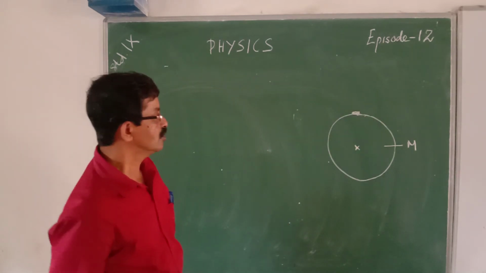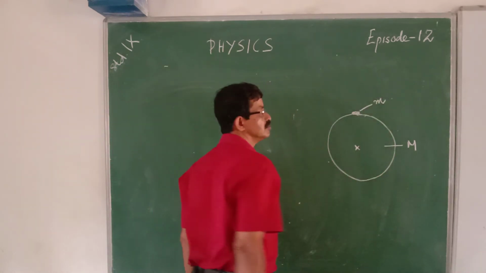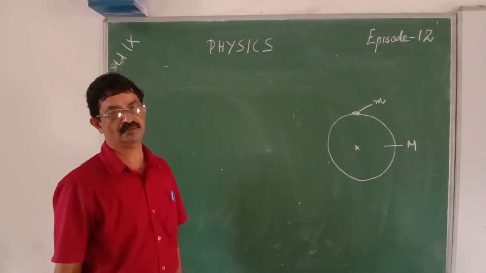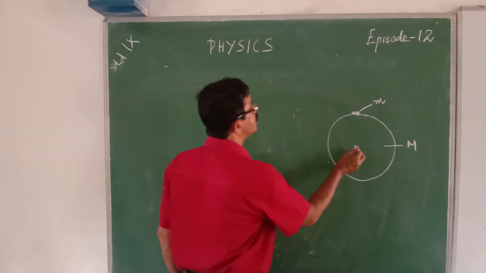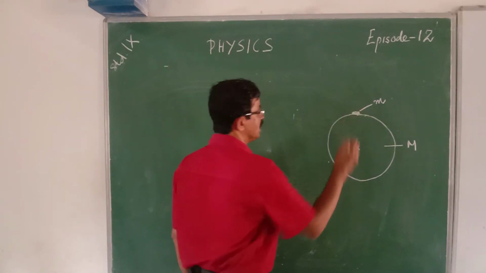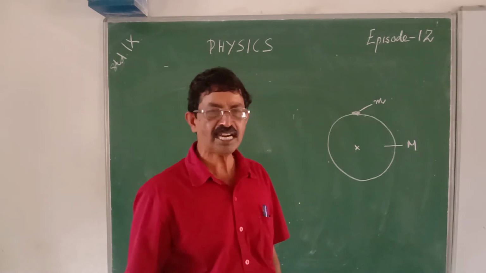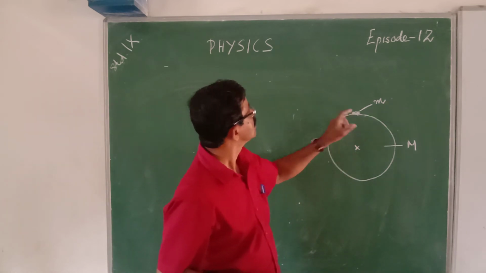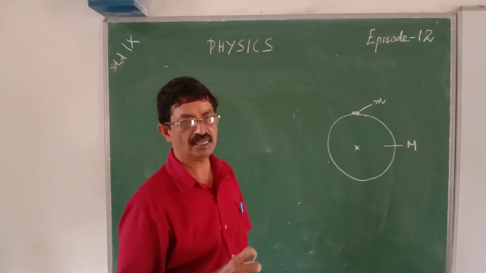Now, mass of this body is small. Mass of this body is a small m. Now the distance between the centers of this one, you see, compared to the size of the earth, the body on the surface of the earth is very, very small.